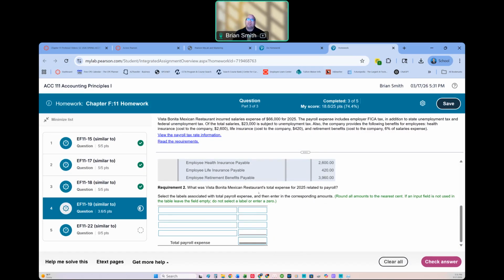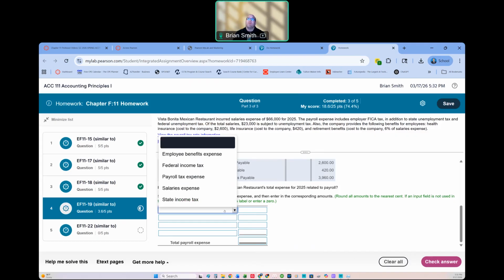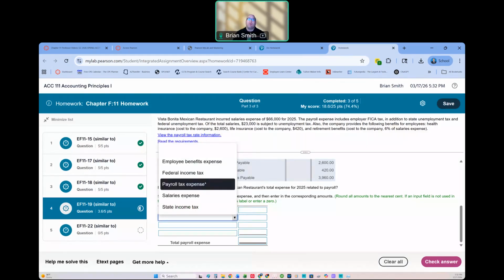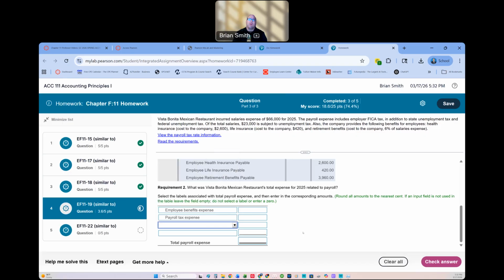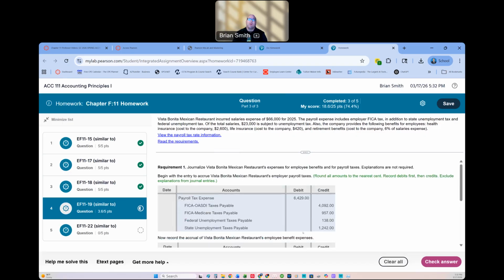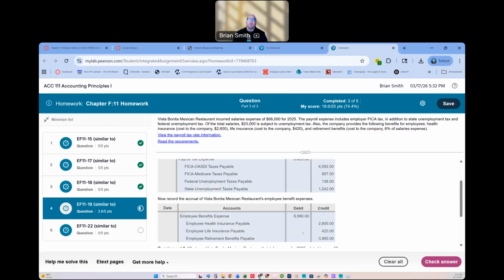What was Vista Bonita Mexican Restaurant's total expenses for 2025 related to payroll? If this is all of 2025, then it is, wow. So let's do employee benefits, payroll. 1,429.